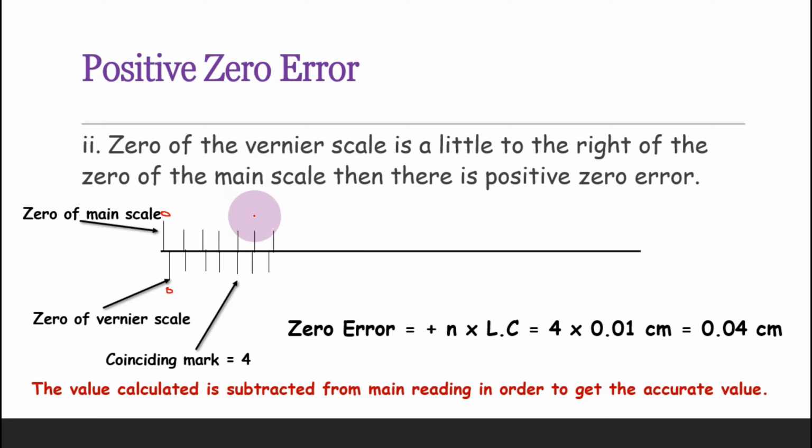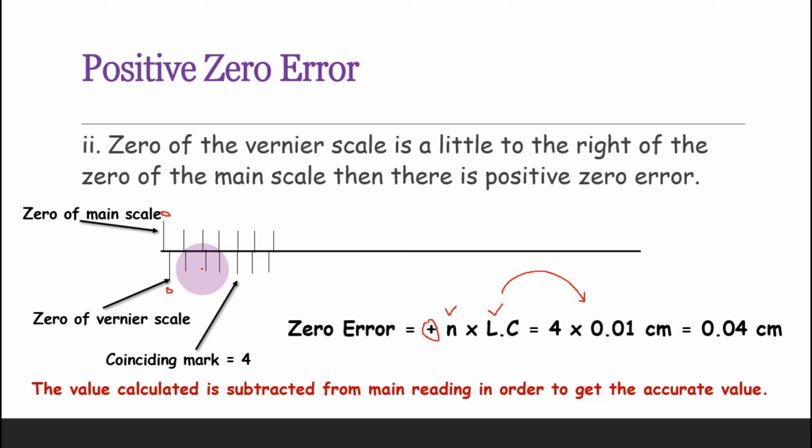The method to find this zero error is n multiplied by least count, and as it is positive zero error, we write plus. What is n? You know the least count now. The least count of the vernier caliper is 0.01 centimeters. What is n?